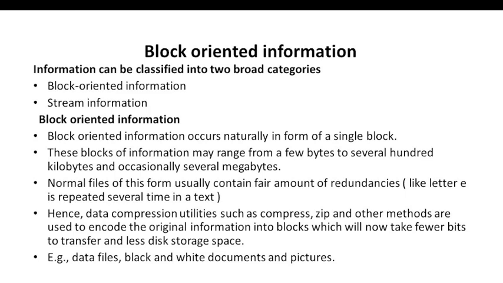Normal files of these forms usually contain a fair amount of redundancy, like the letter E is repeated several times in a text. Hence, data compression utilities such as compress, zip and other methods are used to encode the original information into blocks, which will now take fewer bits to transfer and less disk storage space.